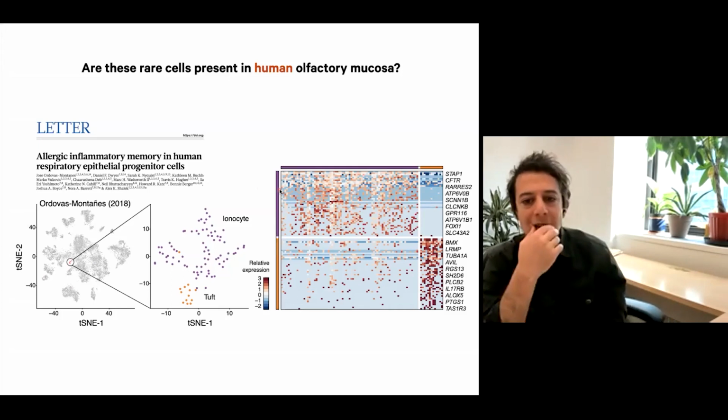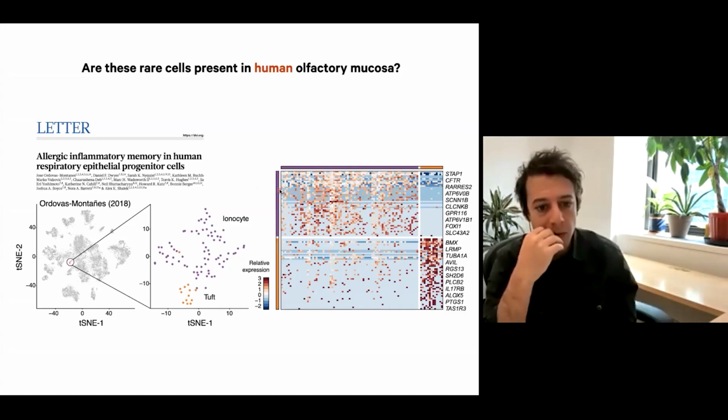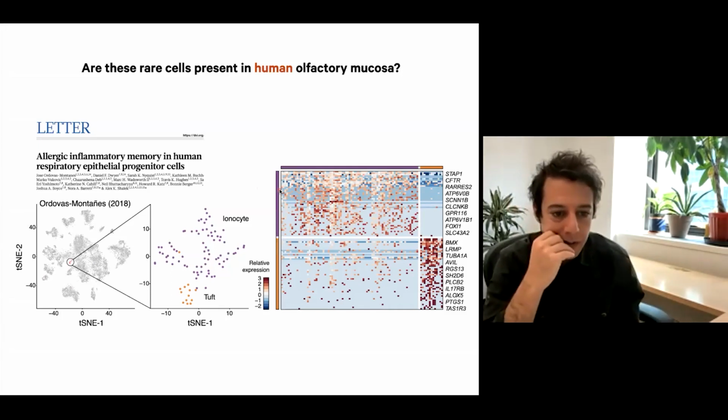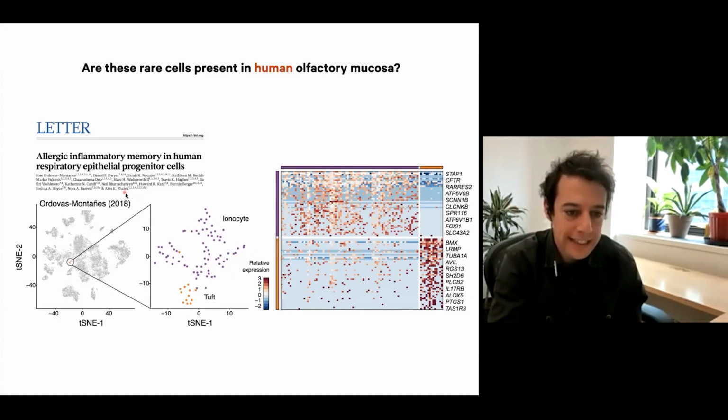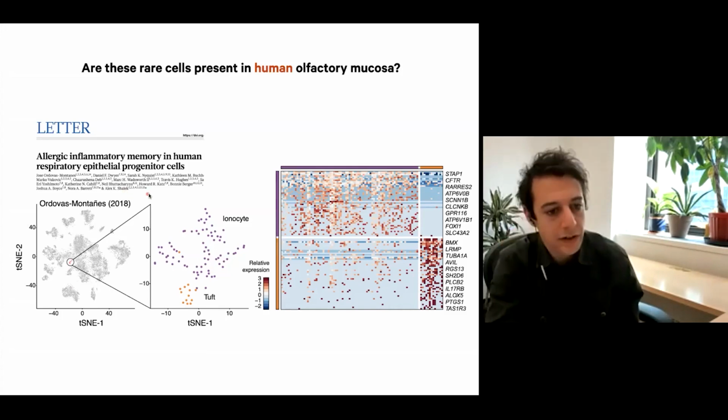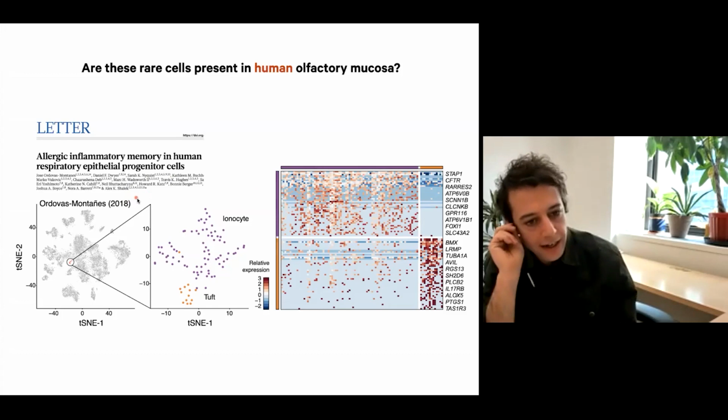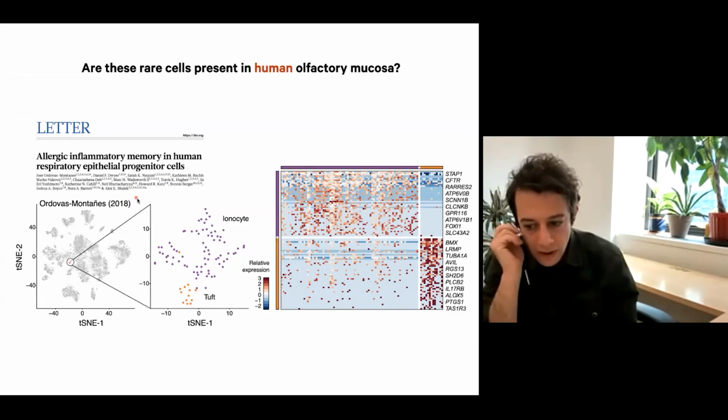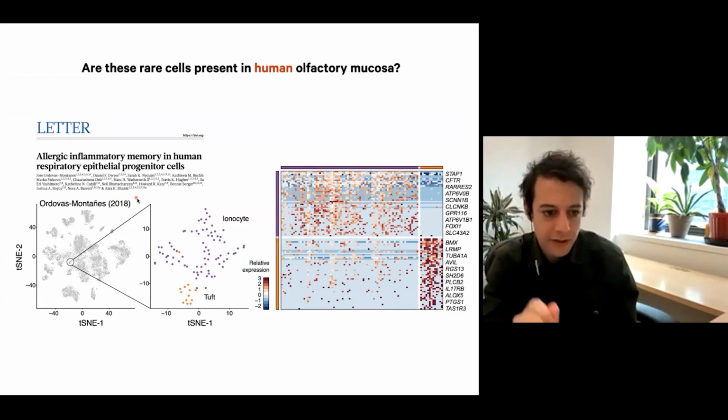So we then wanted to know if this was also true in humans. There had been a previous study published in 2018 with Jose Ordovas-Montañes as the first author, who's now faculty at Boston Children's.